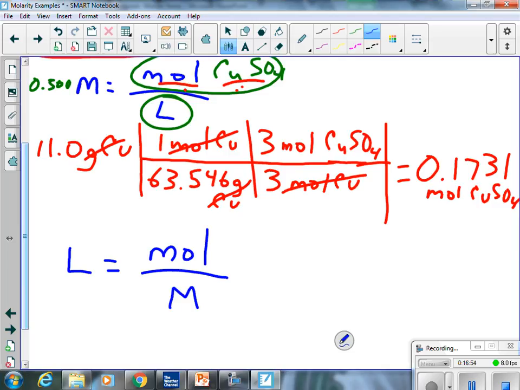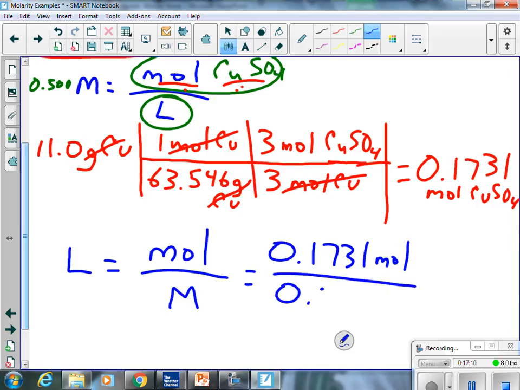Everybody understands the algebra in that, how I did that, right? Okay, what are my moles? 0.1731. What's my molarity? 0.500 molar.